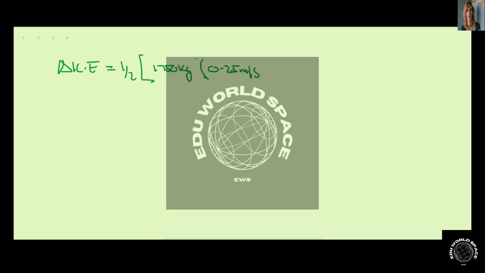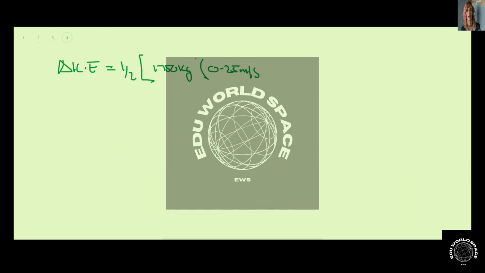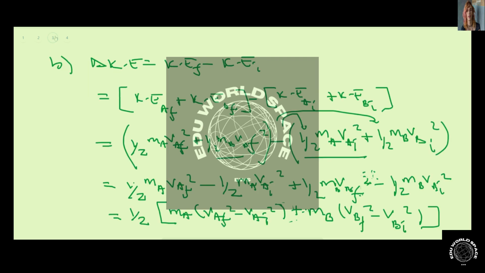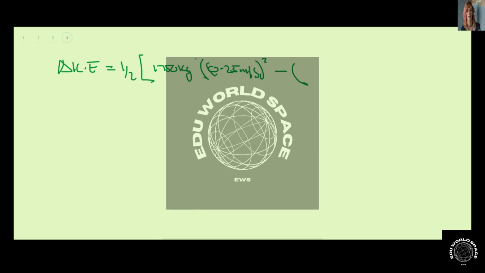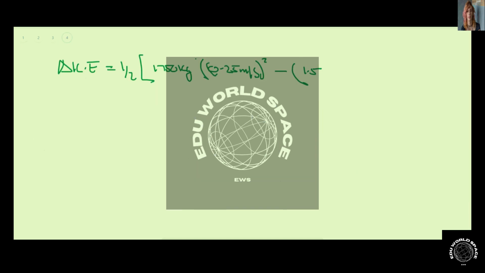You want to square that result, so we have to be very focused on how we simplify this. This whole thing is squared, and then minus the initial velocity was 1.5. That's for A. You could see the initial velocity was 1.5 meters per second. And that's also going to be squared.